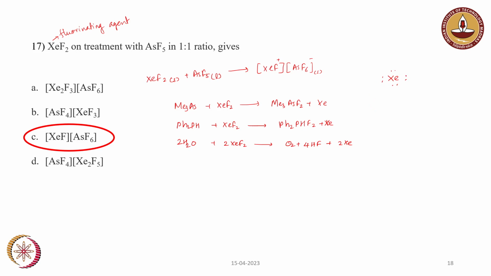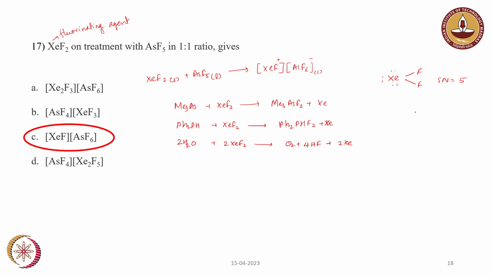So in XeF2, 2 fluorines are connected to Xe. So the steric number will be 3 plus 2, that is 5. So when the steric number is 5, the geometry will be TBP, trigonal bipyramidal, but there are only 2 bond pairs present and 3 are lone pairs.